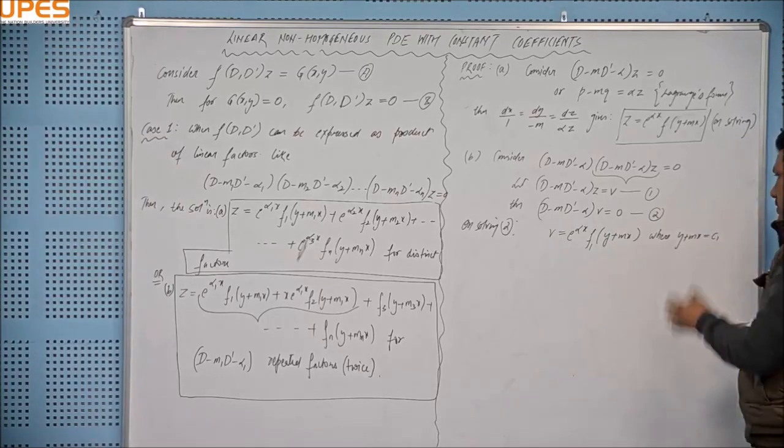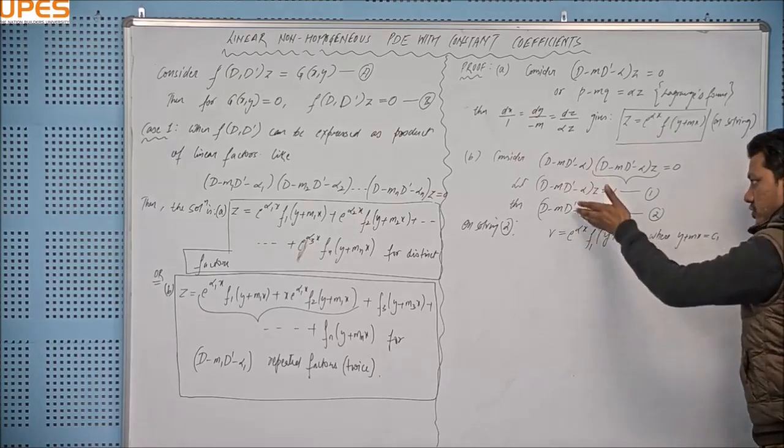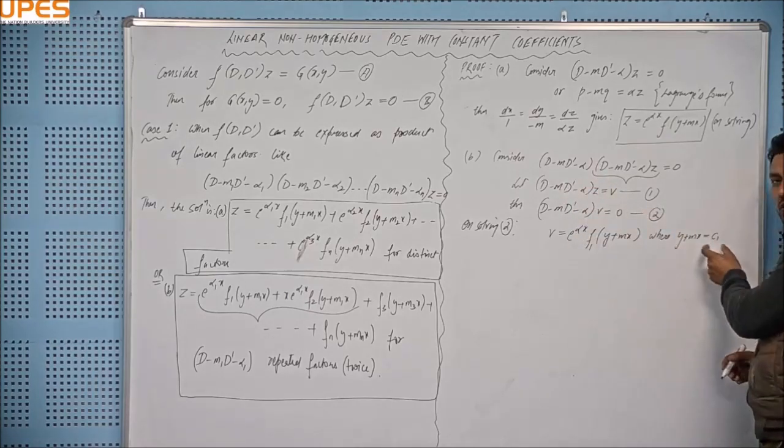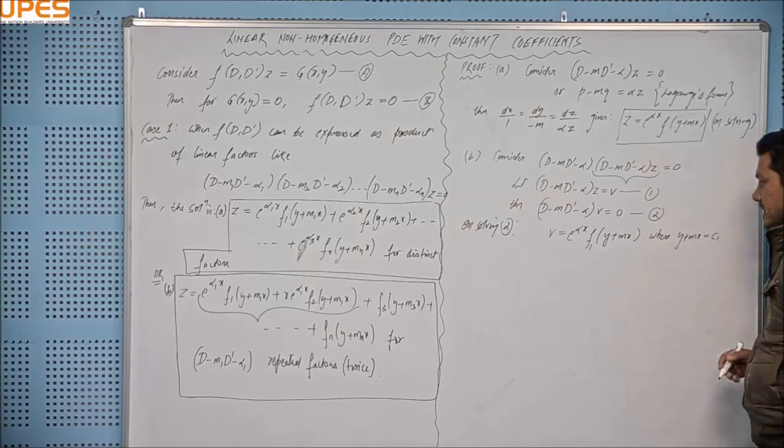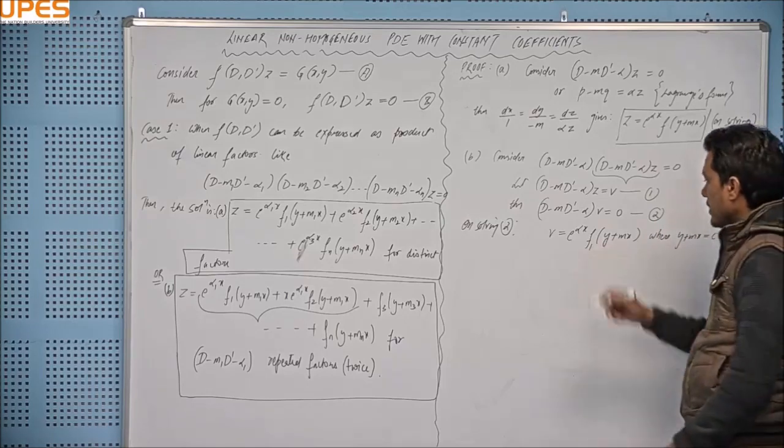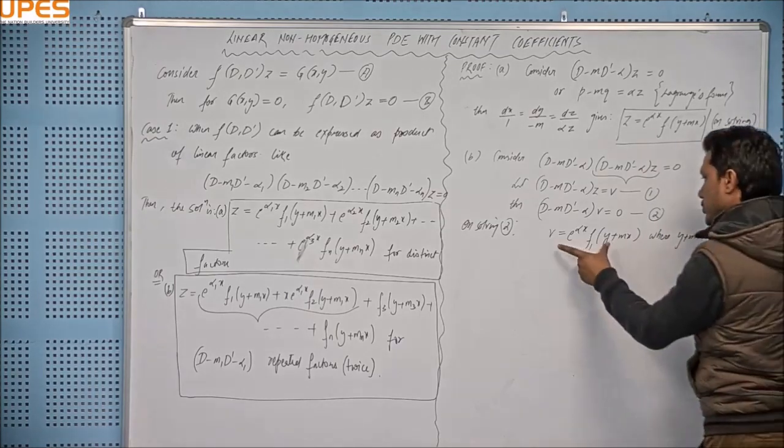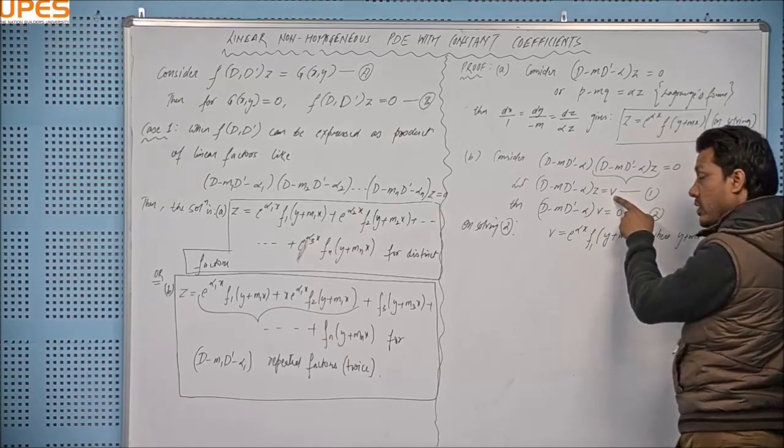If you go through the detailed solution, you will see that. I'm not writing that, just giving the final solution. Then substituting this v in place of v in equation number 1.